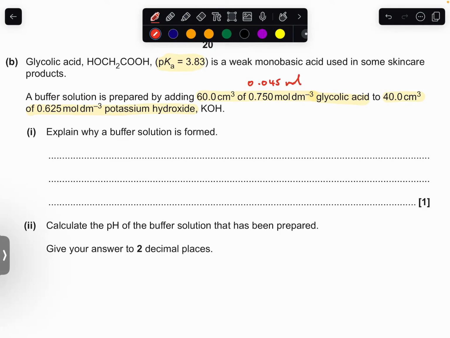And here you've got 0.025 moles of potassium hydroxide. So you see HOCH2COOH, glycolic acid, reacting with potassium hydroxide to give you the salt and water.